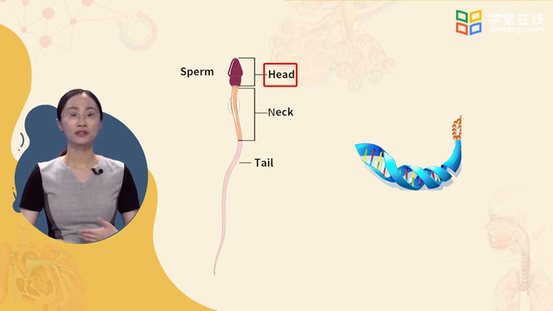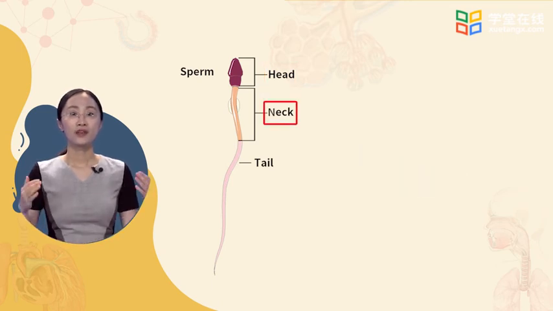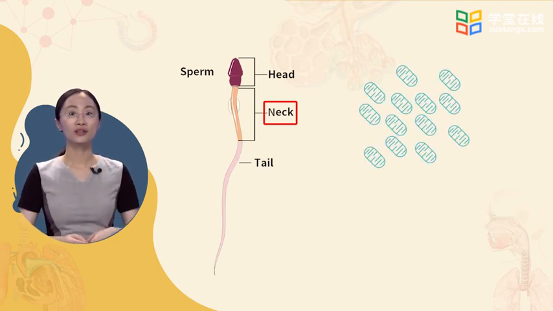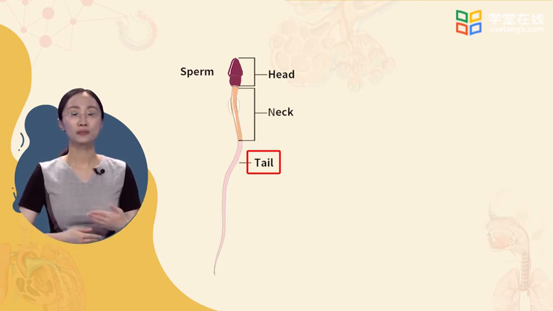The acrosome is very important for the sperm to penetrate the oocyte. Then there is a middle part which is like a neck. It is full of mitochondria that provide the sperm with energy to move. At the bottom is the tail, which helps the sperm to swim.